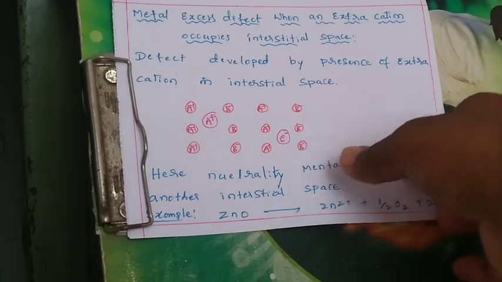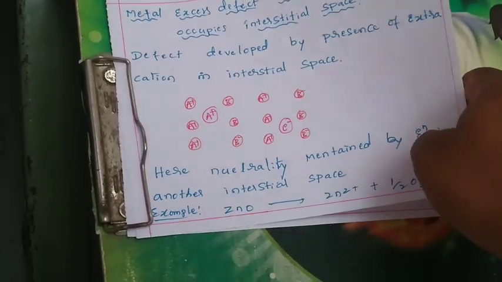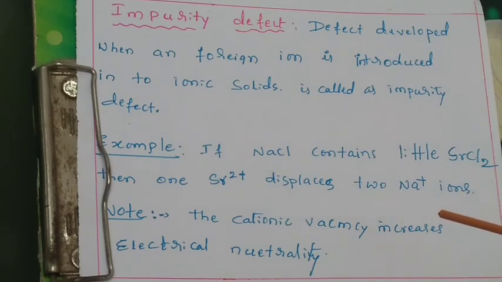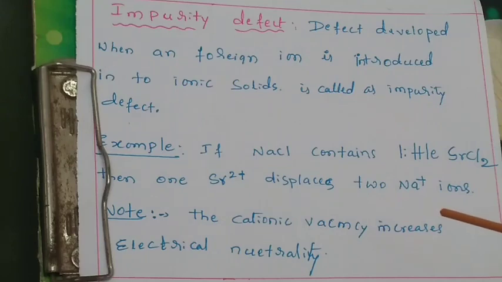Next, we shall move on to the next concept, that is impurity defect. The defect developed when a foreign ion is introduced into an ionic solid is called an impurity defect.